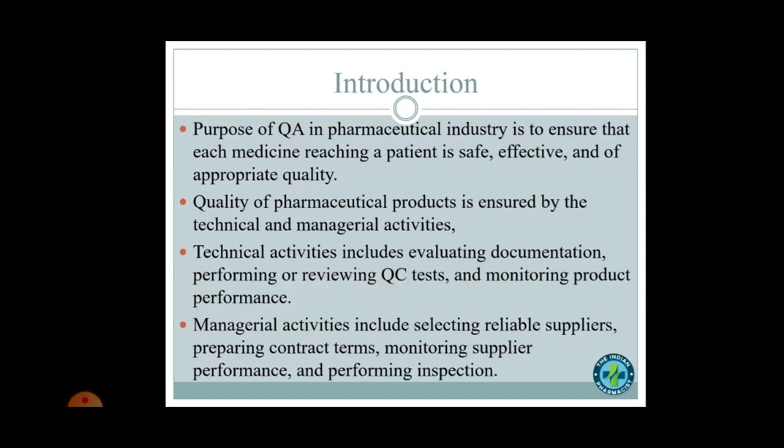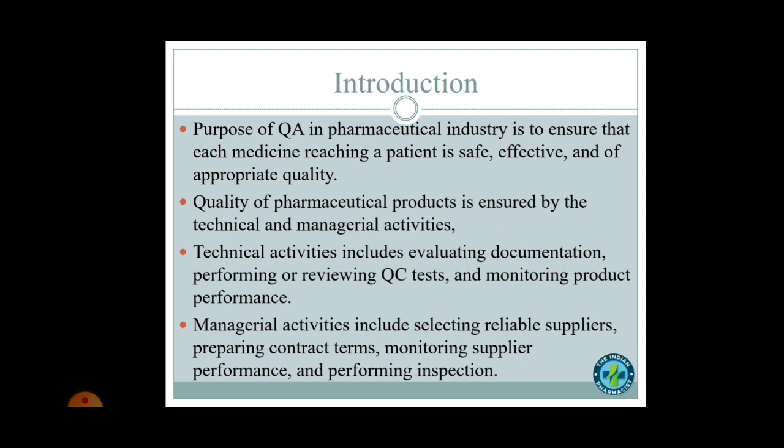The purpose of quality assurance in the pharmaceutical supply system is to help ensure that each medicine reaching a patient is safe, effective, and of appropriate quality. The quality of pharmaceutical products is ensured by the technical and managerial activities of the quality system.